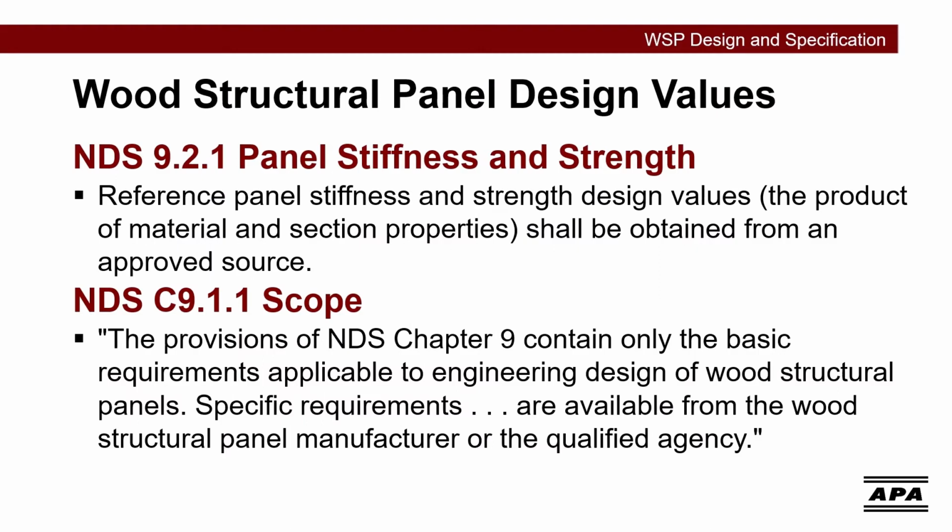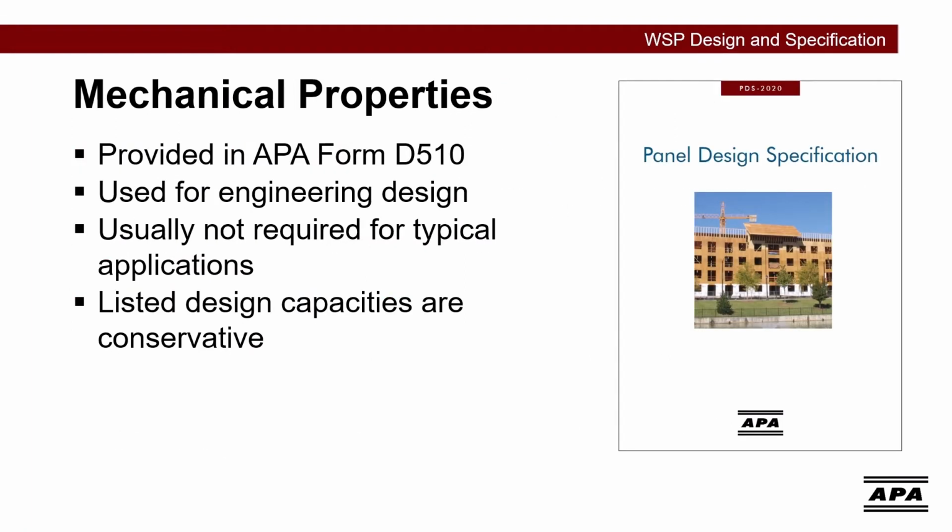For more specific details, you'll need to refer to the manufacturer or a qualified agency such as APA. The American Wood Council's Special Design Provisions for Wind and Seismic, commonly known as SDPWS, also makes extensive reference to APA's panel design specification in their sheathing commentary.